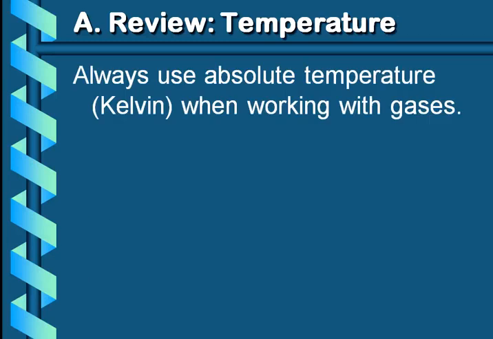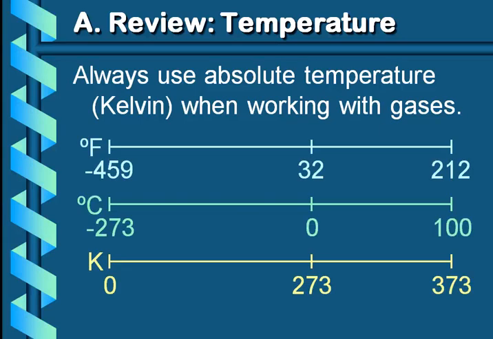So we always want to use absolute temperature or Kelvin when working with gases because this helps us to understand the movement of molecules. So if you look at degrees Fahrenheit, it ranges from -459 all the way to 212. Degrees Celsius, which is what we use a lot of the time, it ranges from -273 to 100.